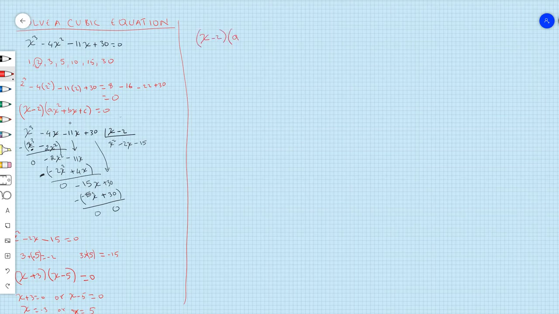times the format of a quadratic equation, which is ax squared plus bx plus c, and expand this expression. So you'll multiply every term here by every term here. You start with x, multiply with this right there, then -2, multiply by everything right there, and then solve for it.